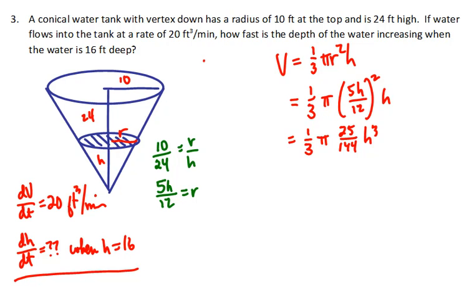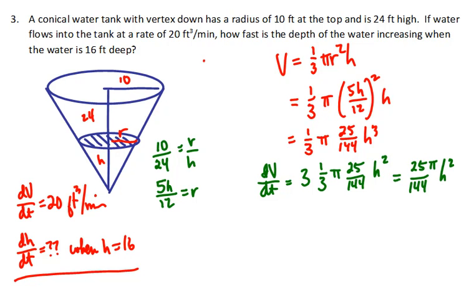And dV/dt then is 3, which comes from bringing the exponent of h cubed down, times 1/3 pi 25 over 144 h squared. And we can see that the 3 and the 1/3 cancel out, and we get 25 pi over 144 h squared.